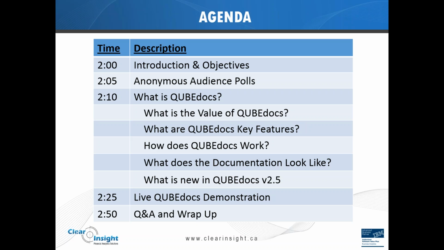So there's a number of polls. They are anonymous, so please do enter your input into the polls. We're going to go then into a description of what QUBEdocs is and try and highlight for you exactly what this solution is and the benefits of it, and then move on to the demonstration with Bob near the bottom half of the hour here, and then Q&A and wrap up at the end.